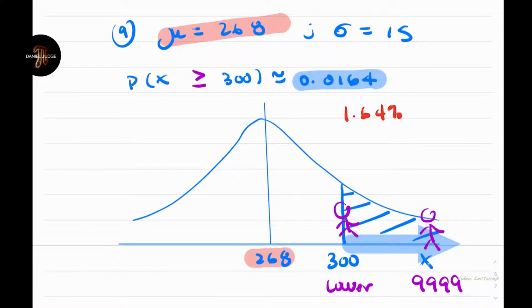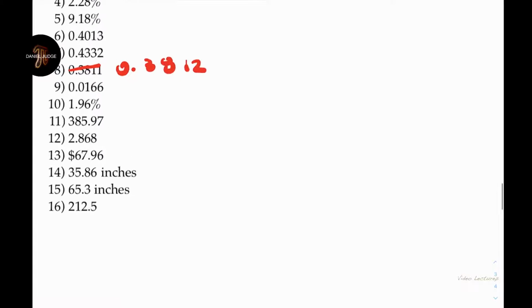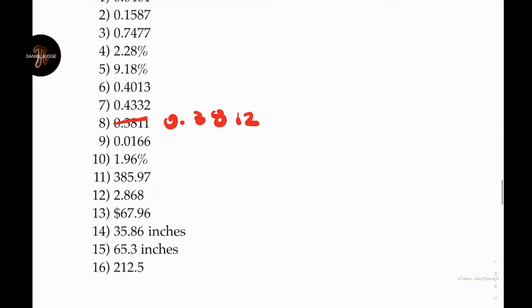Just to remind you guys, let's check to see if number 9 is correct here. 0.0164.